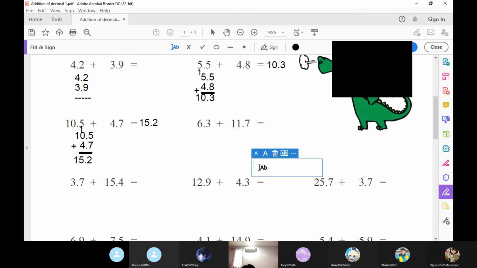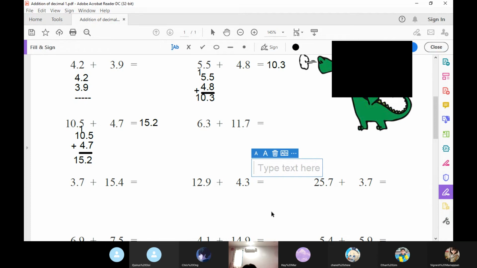Okay, question number 4. After question number 4, this is addition of decimal, right? So teacher has 2 addition of decimal worksheets. Once we try 4 questions, we move to the subtraction of decimal worksheet, so that you can do by yourself later on.